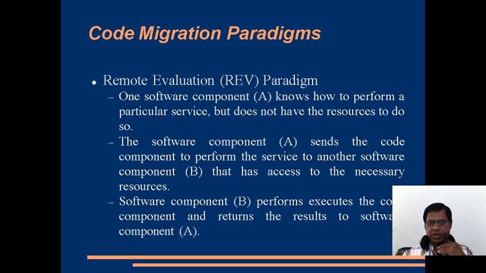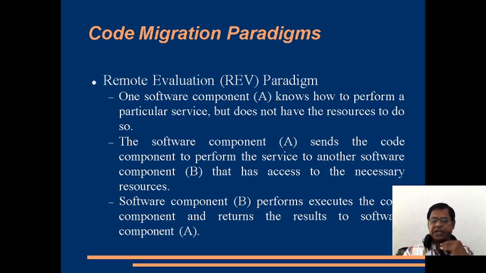Software component A sends the code component to perform the service to another server software component B that has access to the necessary resources. Software component B executes the code component and returns the results to software component A.